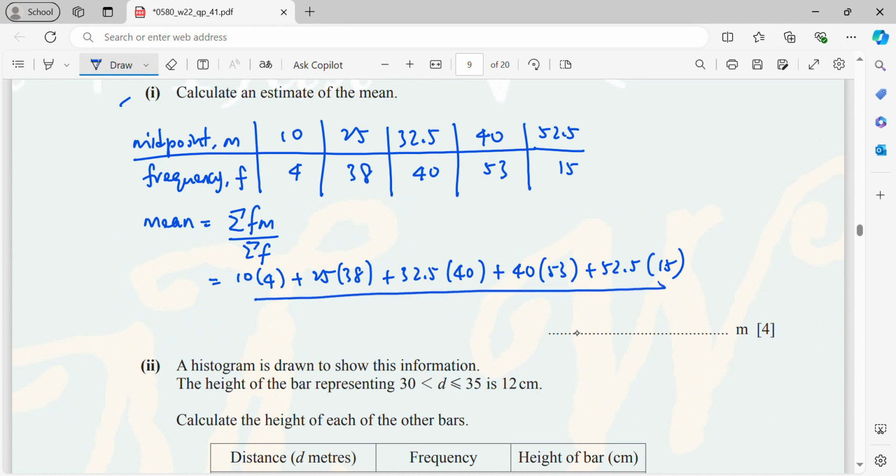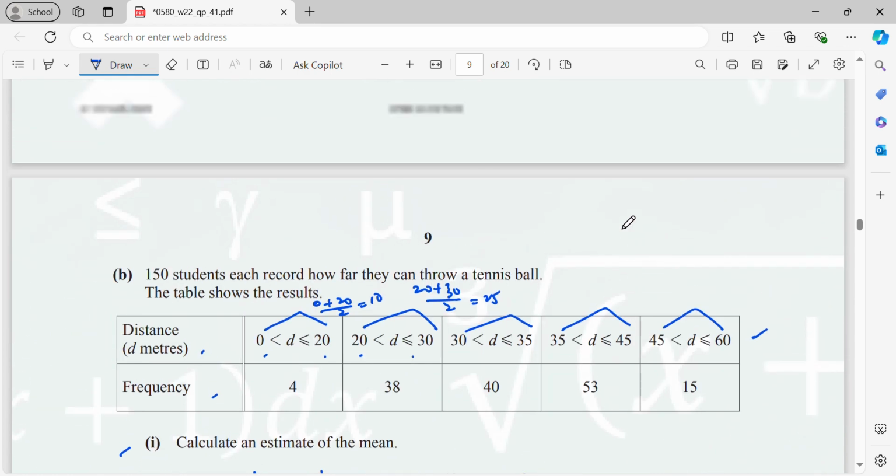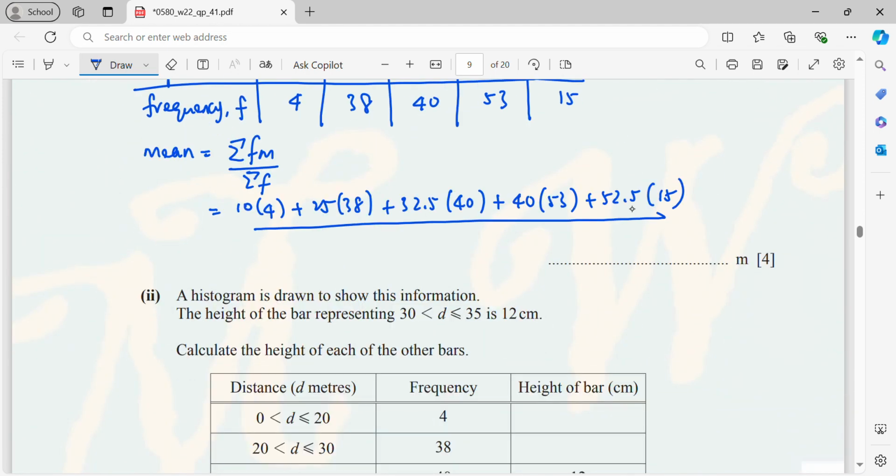The summation f is the total students, 150, mentioned in the question. So I will just divide by 150. That means now you will be getting 5197.5 over 150, and at last that is 34.65. This is the exact value, so I will just copy it. If non-exact, then you have to round.